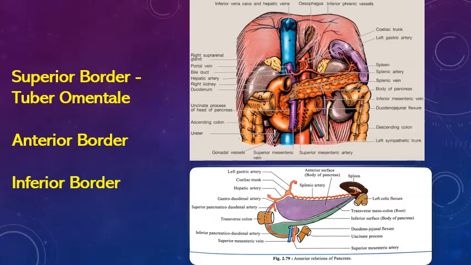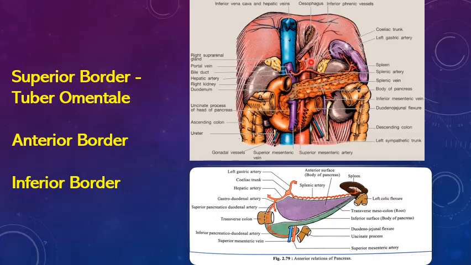So in this image again we can see the superior border, the tuber omentale will be at this level, the right end of the superior border. This complete thing is the superior border of the body, right? So here we will be seeing the tuber omentale. Above the tuber omentale, this one is the celiac artery, and this large area is the abdominal aorta, right?